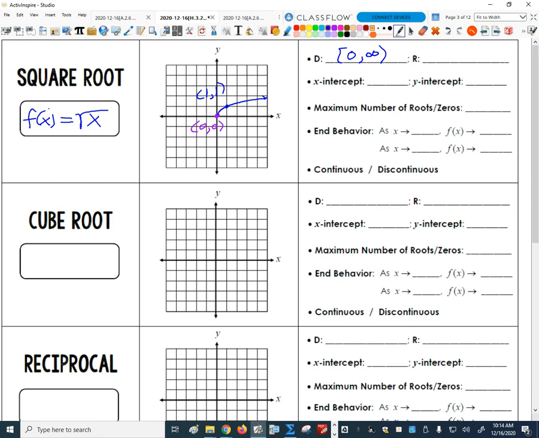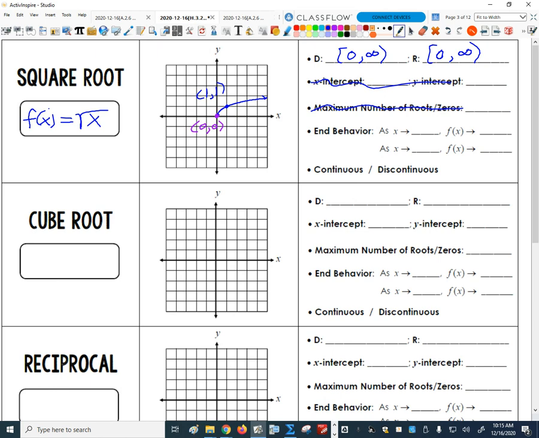Look again. The y values now. If I were to project that whole graph onto the y-axis. Oh, it would be the bracket 0 and then infinity. There you go.